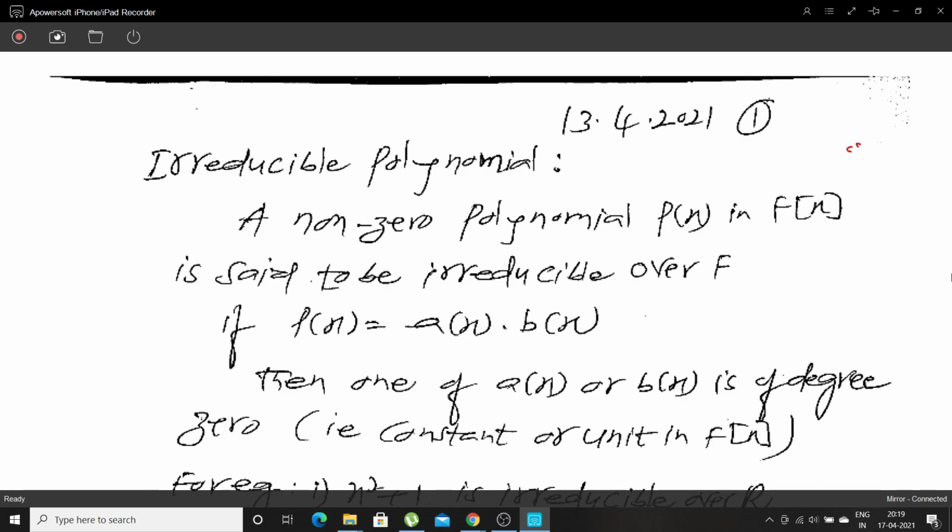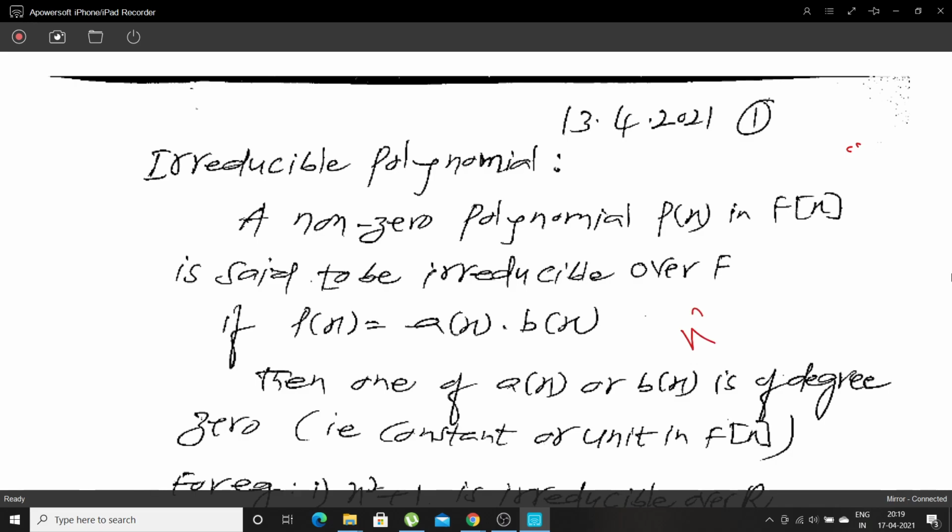x square plus 2x plus 1 is a polynomial of degree 2. If I split it, how do we write it? x plus 1 into x plus 1. The first polynomial x plus 1, the linear polynomial, is of degree 1. The other one, the same, x plus 1, is also of degree 1.